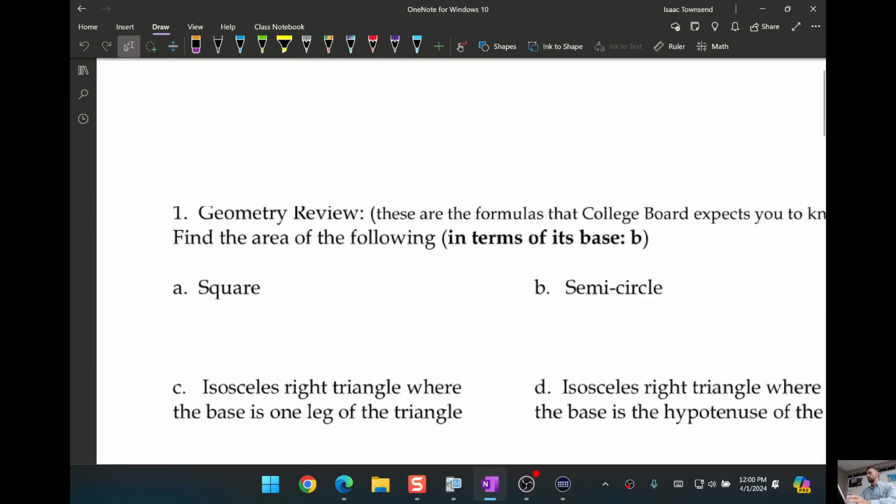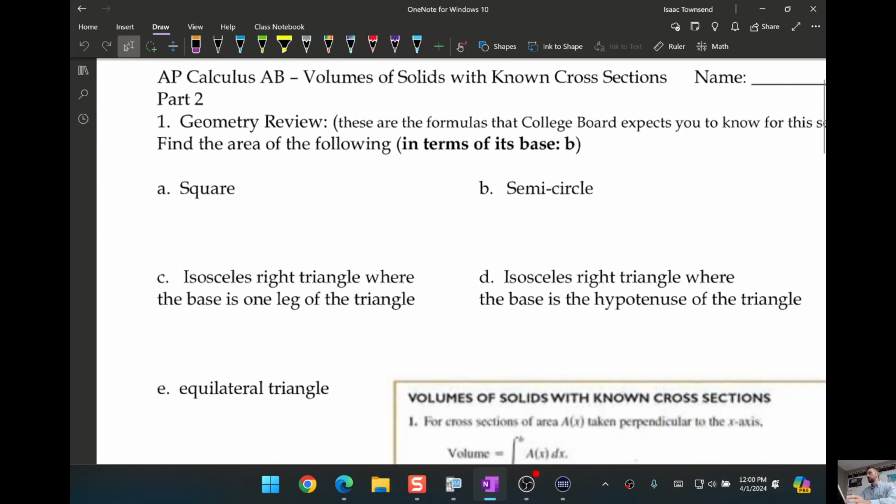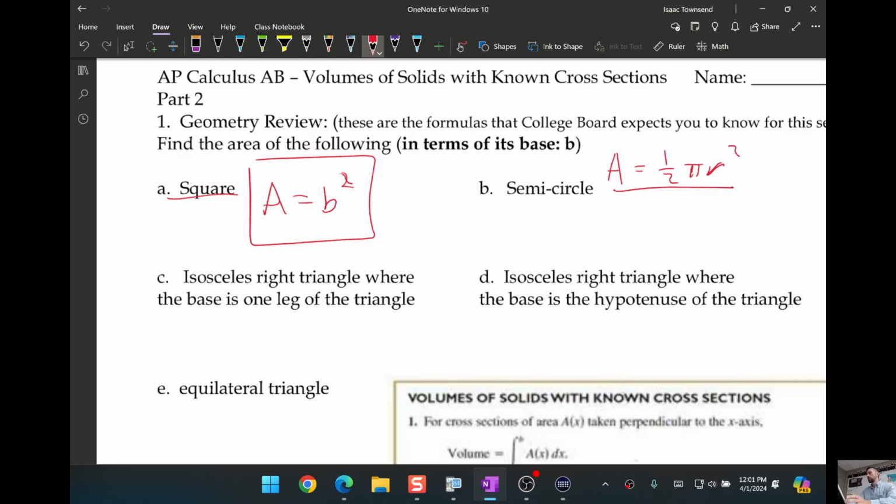Of course some of these are a little bit easier than others. What did we say we would use for the area of each square in terms of the base? Okay, base squared. I feel like that one's not too bad. Semicircle, personally, I would do 1/2 pi r squared, but r is different than the base, so if you're going to do that, just make sure you're using r, the radius, not the base length.